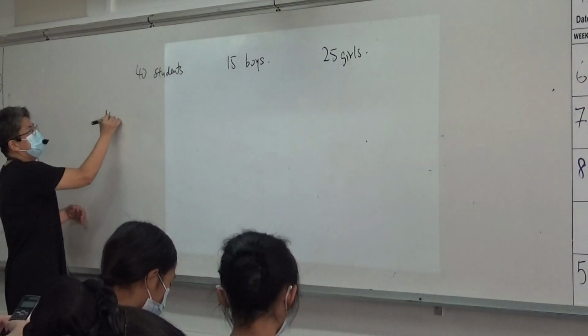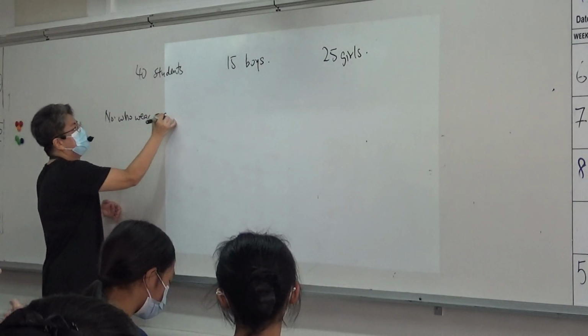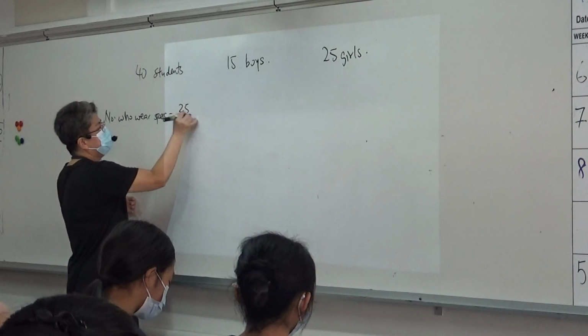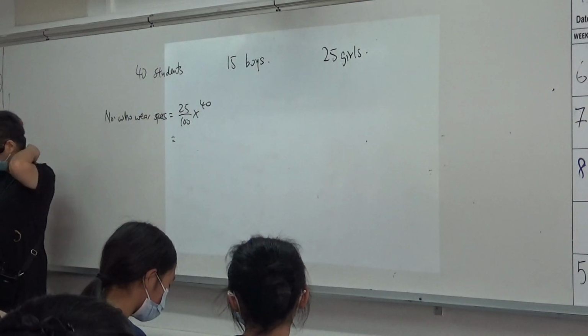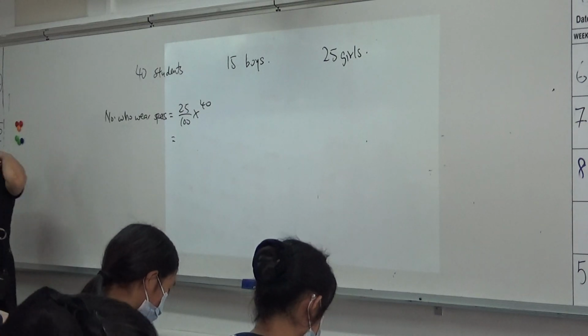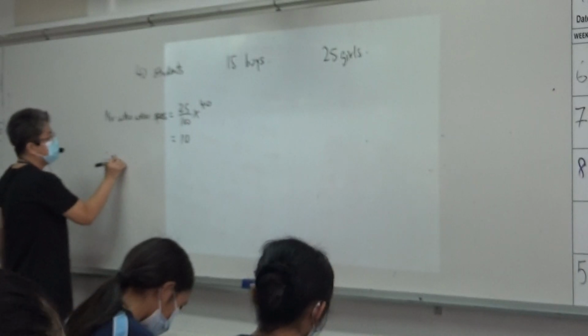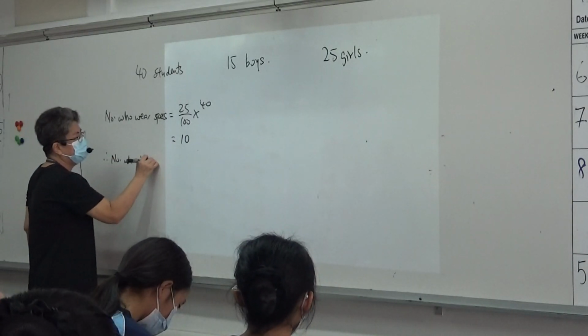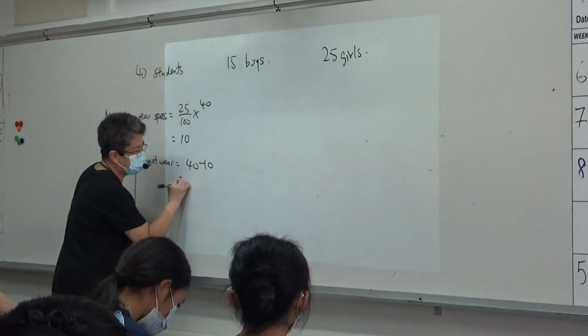So the number who wear specs will be 25% out of 40, right? How much is this? 10. So, therefore, the number who do not wear will be 40 minus 10, right?